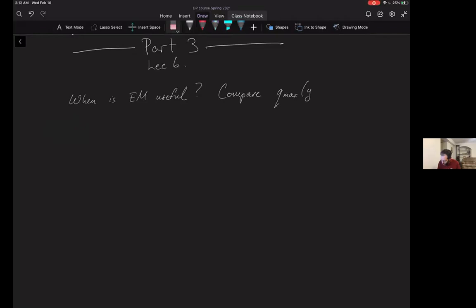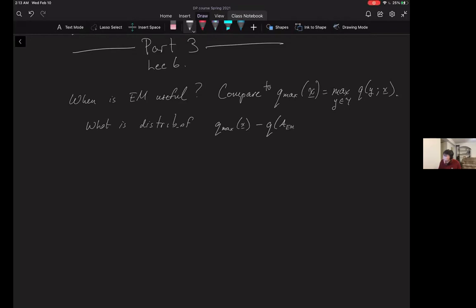So that Q max of X is the max over possible outcomes Y of the score for Y. And what we want to understand is something about the distribution of Q max minus the score of the thing we output.